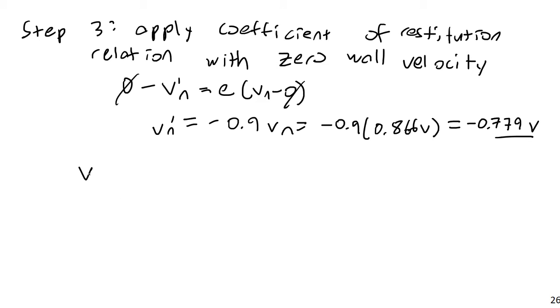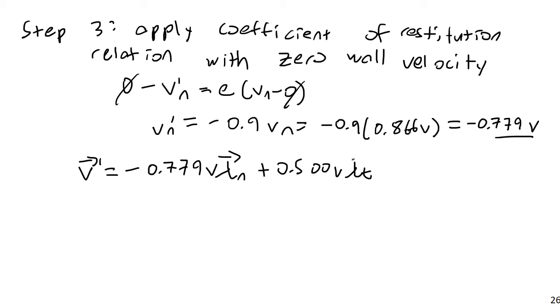So I can then say that the V prime vector, compared to the initial one, is going to be 0.779V times lambda n, which is the normal vector direction, plus 0.500V times lambda t, the unit vector in the tangential direction. Or if I did a Pythagorean on these two, or found the magnitude, I could say that V prime is equal to 0.926V.